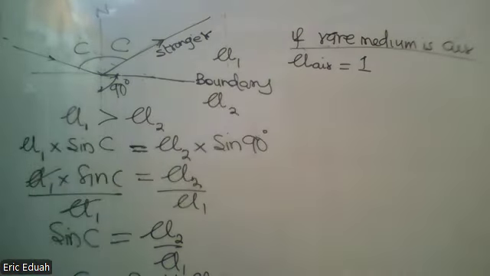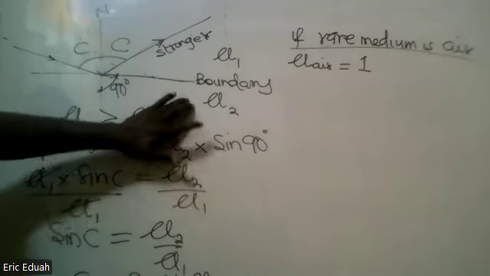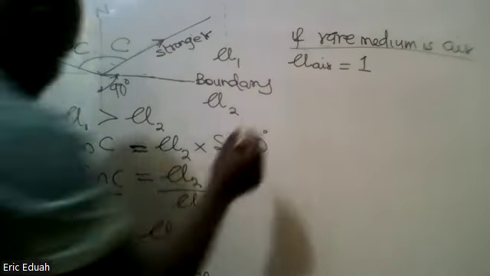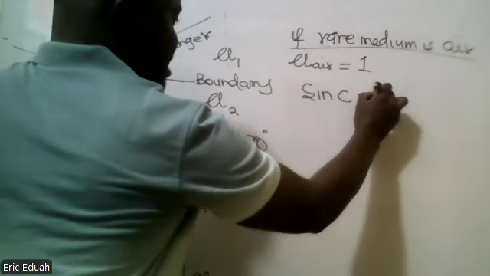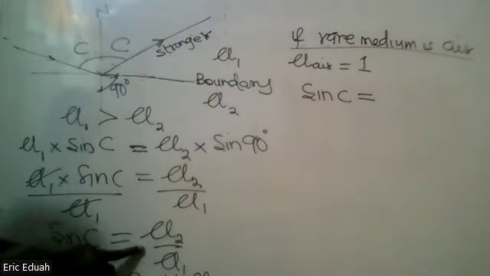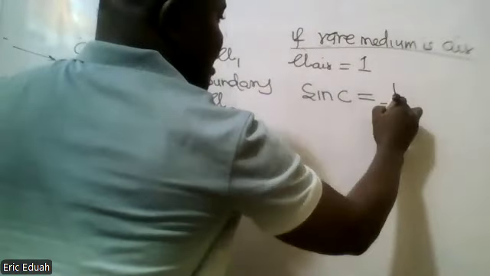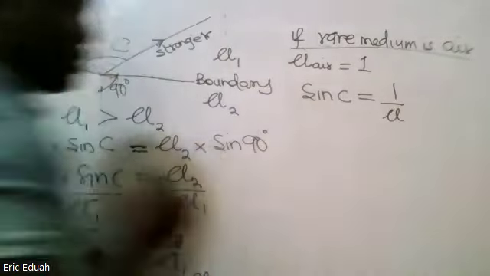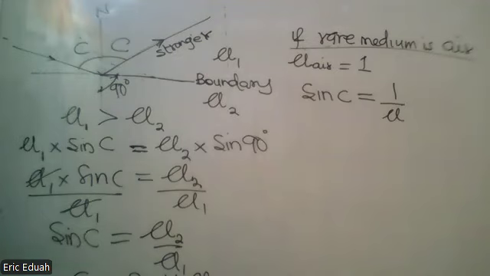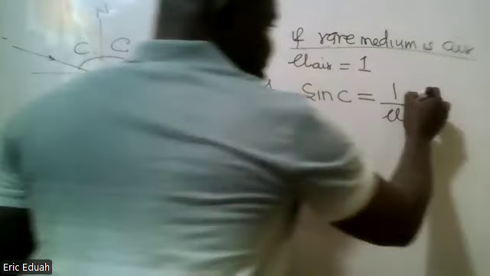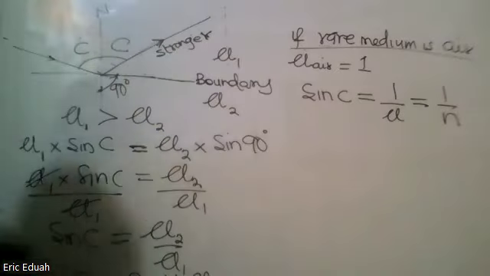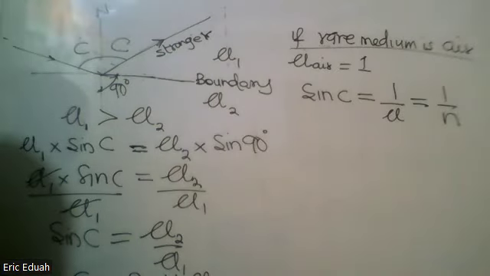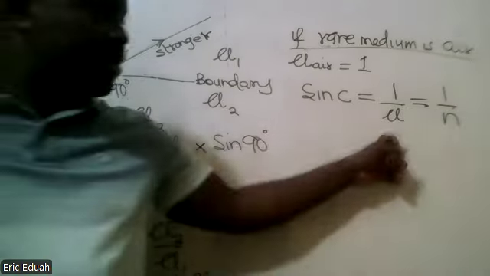So if the less dense medium, mu2, is air, this is how the expression will look. Sine C is equal to 1 over mu, the absolute refractive index of the denser medium. This is also stated in books as 1 over mu. Don't forget the symbol representation for refractive index can be this or this.